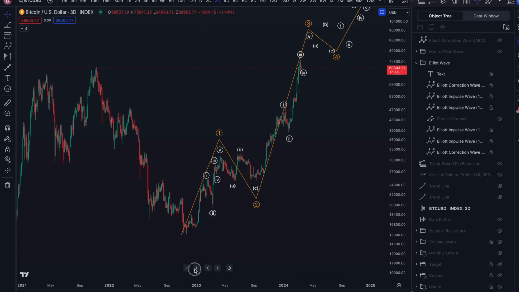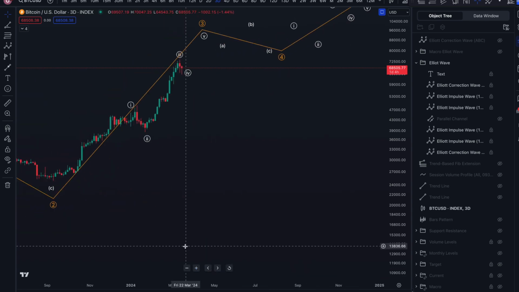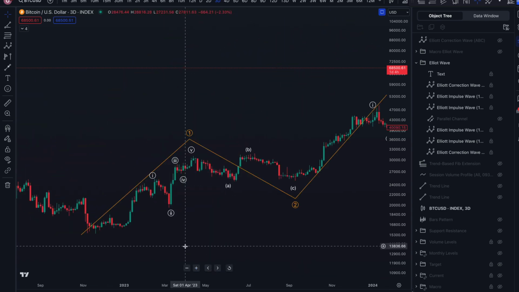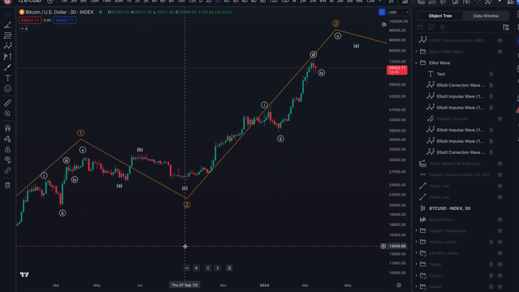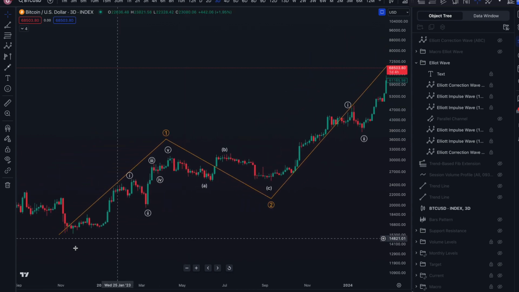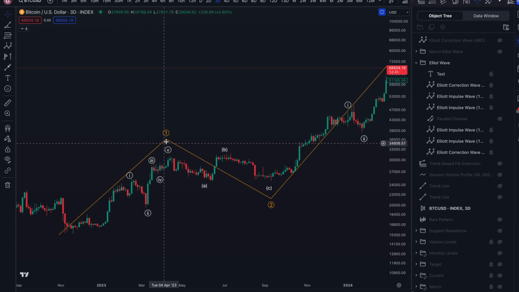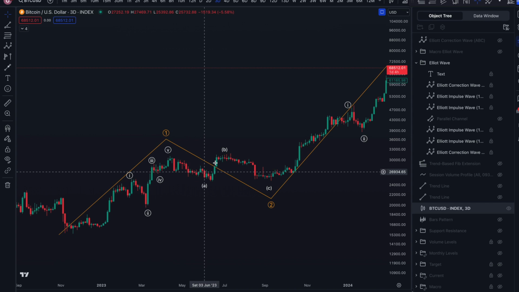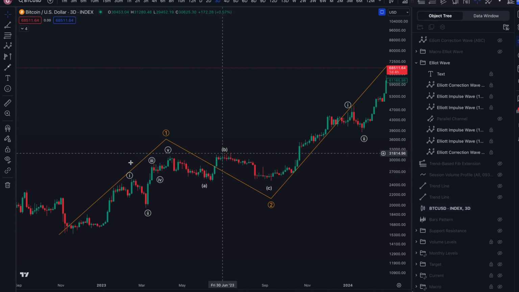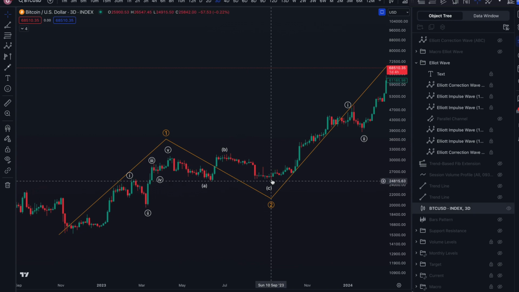I've looked into it quite a lot. If we look at the wave 1, within the 1 you've got 1, 2, 3, 4, 5. Then you've got a B wave that comes above the 5, and the C wave here, which does not break the A. So this is more of a running flat.